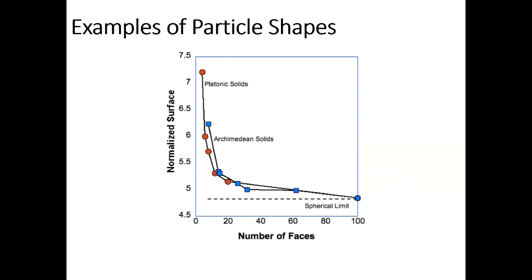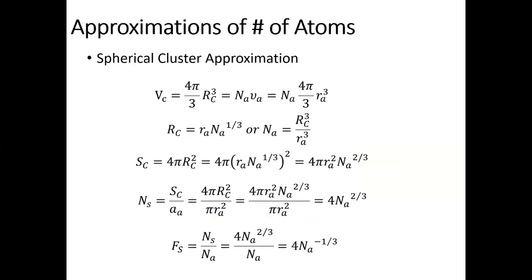Okay, so here's a graph of what we just looked at. Approximations of numbers of atoms. This is always a good one, and it's used by physicists all the time in their theoretical simulations. So again, it's algebra. We want to know how many atoms are in a cluster. It's a spherical cluster approximation, which means we're only going to look at spherical things. And this is without packing fraction, so this is with no spaces inside the cluster.